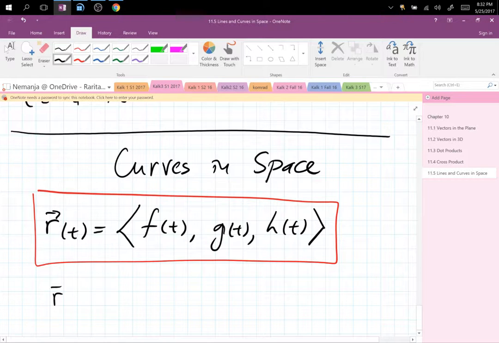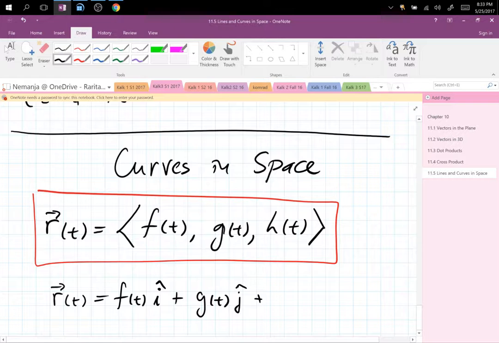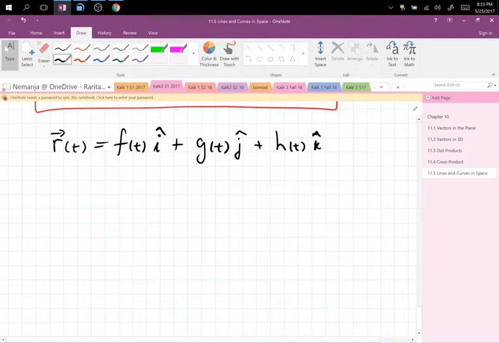We can also understand this using the IJK notation. Don't forget to put the hats, those are unit vectors. See you next week. No, come back. So we can use that notation as well.